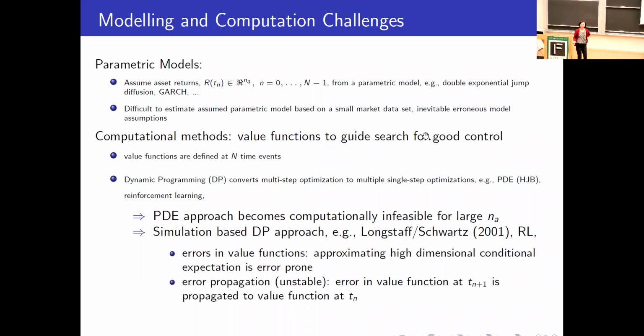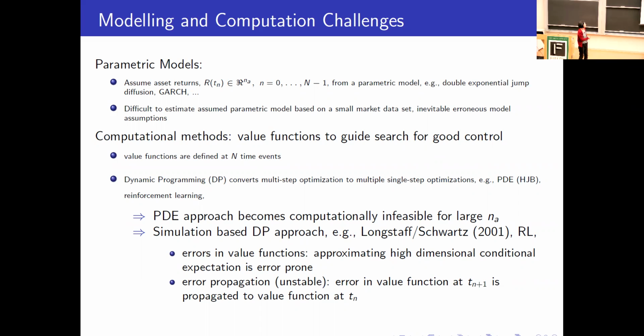And then if you think alternatively, okay, let's do some kind of simulation-based approach. That's a similar idea, at a high level, to the long-step short idea for American option pricing. And indeed, that's an approach that's been considered in the literature.